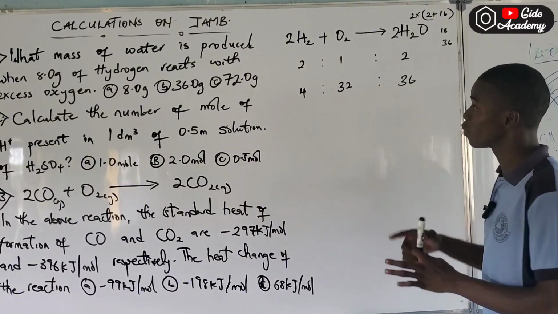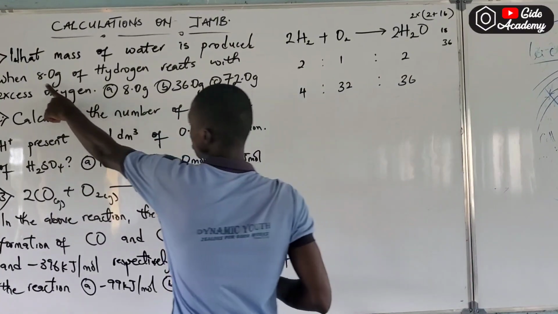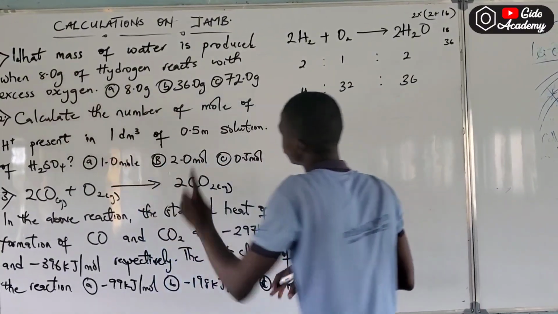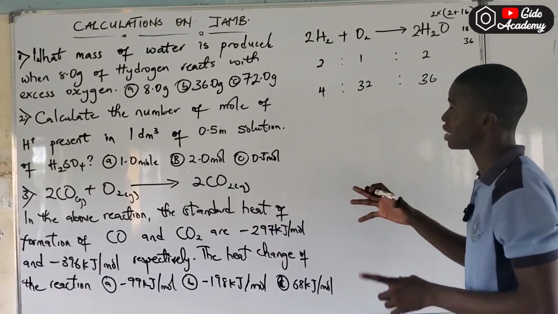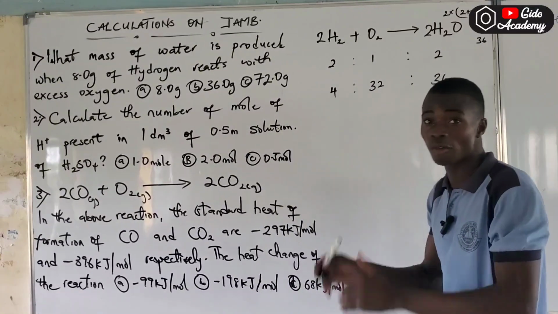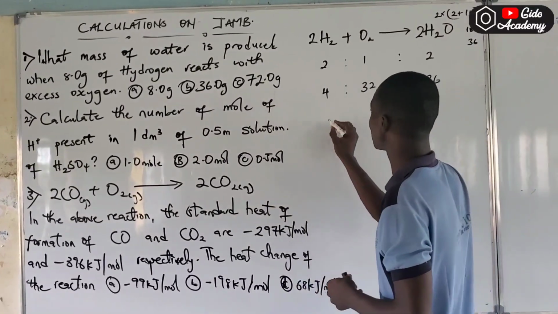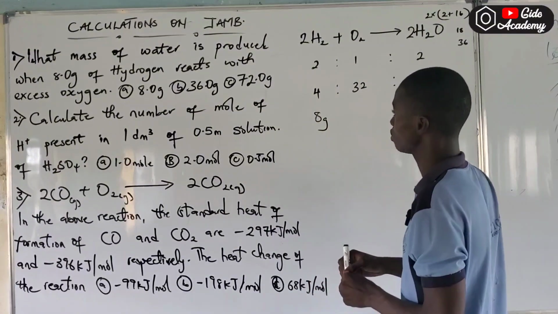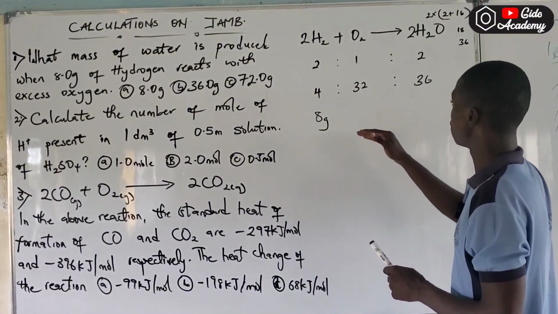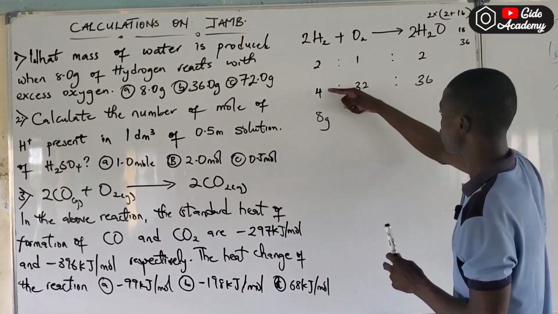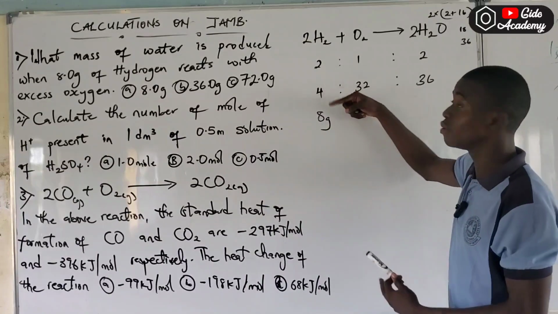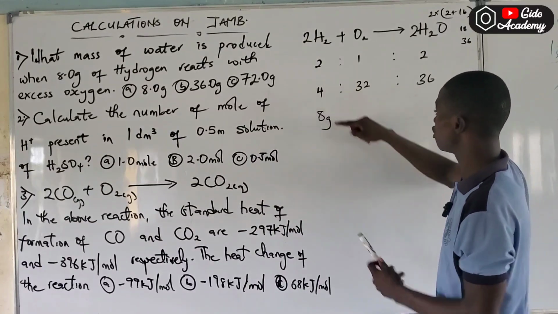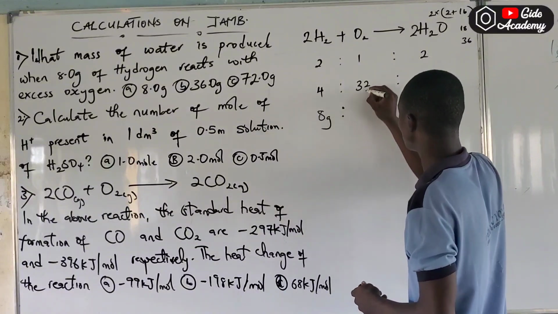After getting to this point, we now come back to the question. We have 8 gram of hydrogen reacting with excess oxygen. So let's have 8 gram here. If I doubled 4 to give me 8, that means I'm going to double this as well.